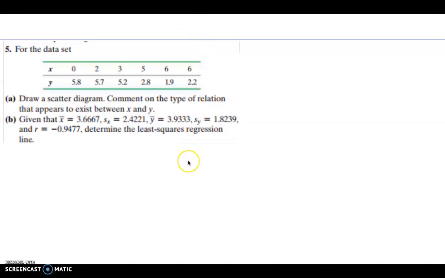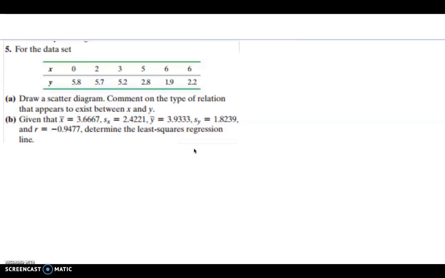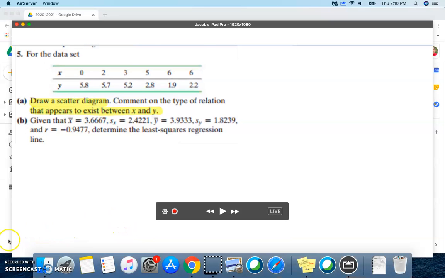So now we're going to take a look at this data set. We want to first draw a scatter diagram and then comment on the type of relationship that appears to exist between X and Y. So I'm going to pull that up in StatCrunch, so give me just a sec, I'll be right back.